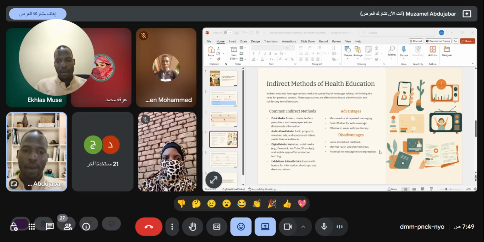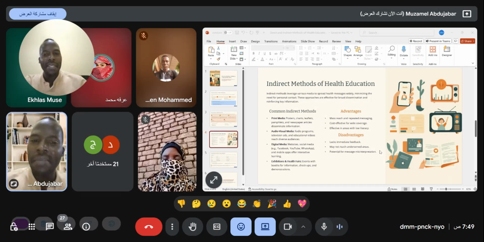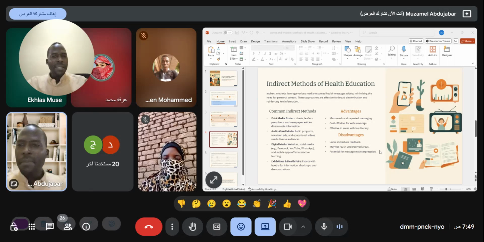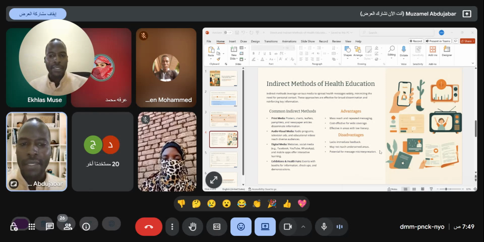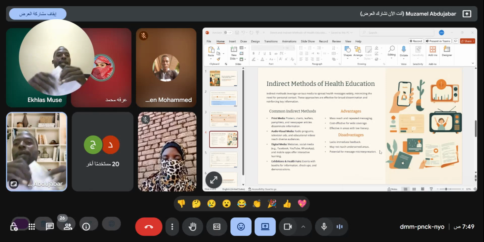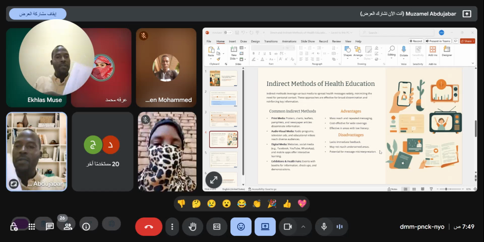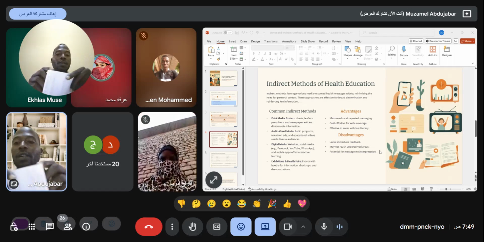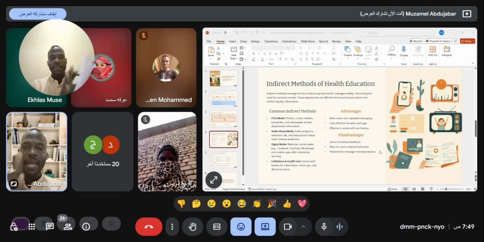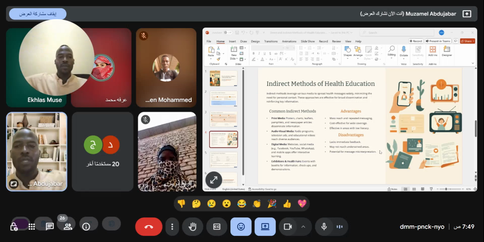Secondly, let us see the common indirect method ways. There are like four ways of the indirect method, like print media. Print media means you can have a poster or chart. You can take paper like this, write the health message like prevention of cholera, and give this paper to the people.